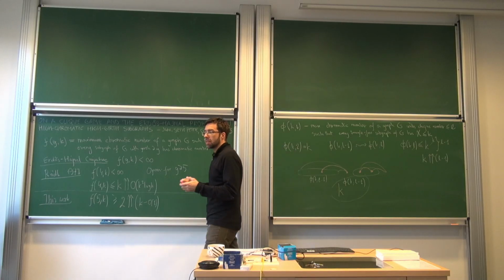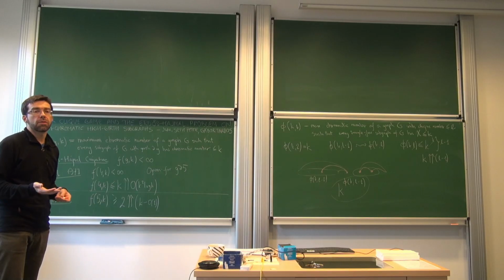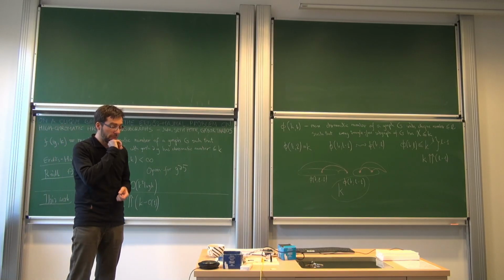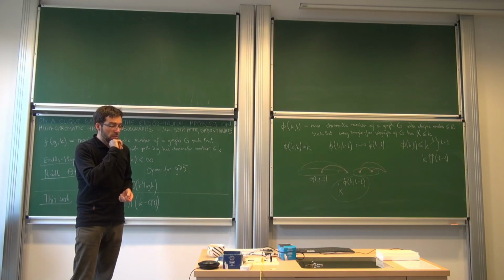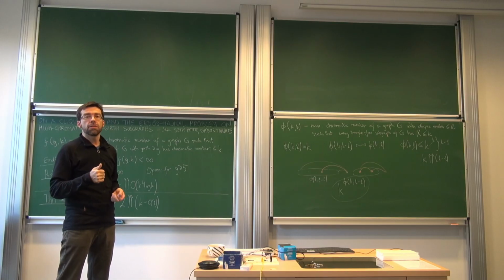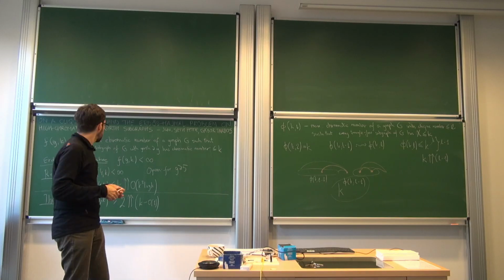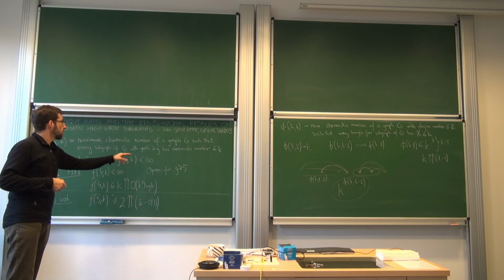And then it makes sense to look at what happens for some known constructions of triangle-free graphs with high chromatic number. It is known that Kneser graphs, Zykov graphs, shift graphs, Mycielski graphs, they do satisfy this general Erdős-Hajnal conjecture.